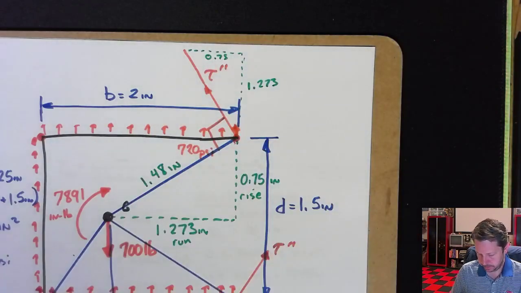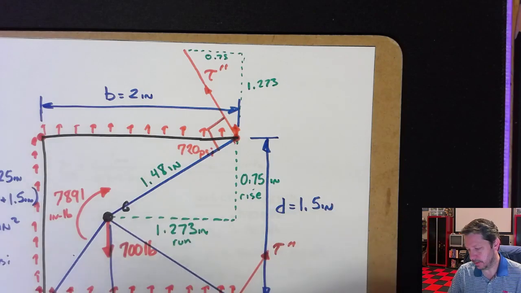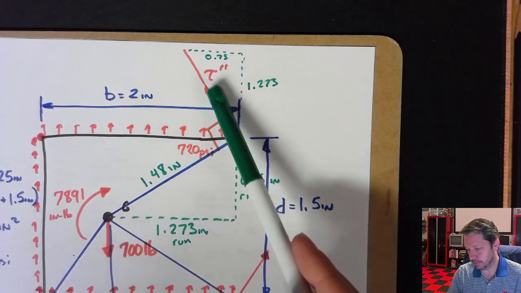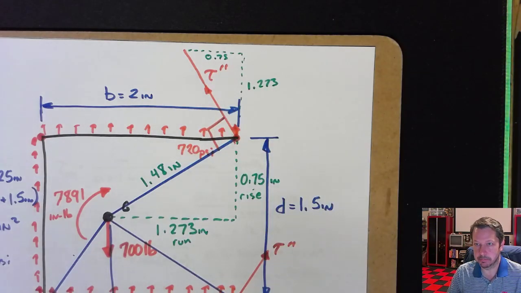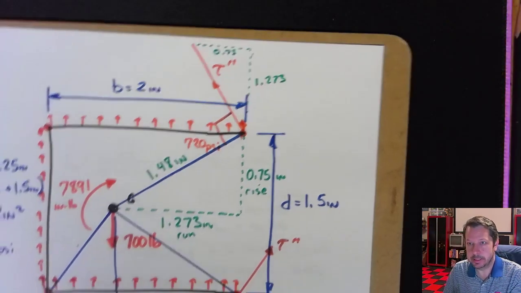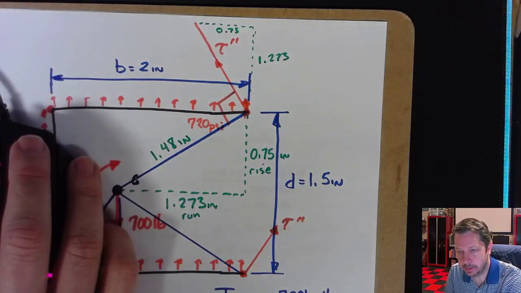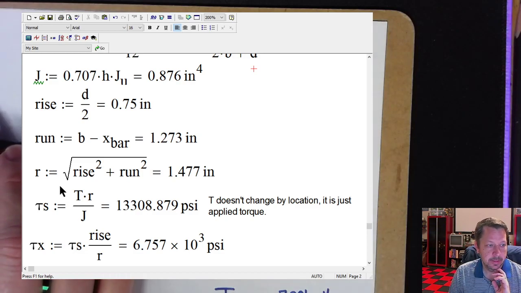So now by inverting the rise and run from blue to red, I know that blue and red are perpendicular, just from geometry. All right, so that's why in MathCAD I labeled them as rise and run.